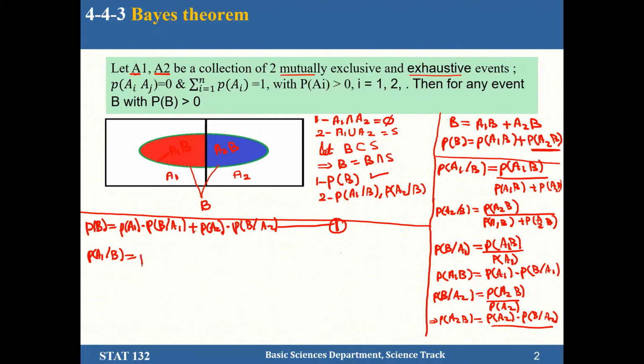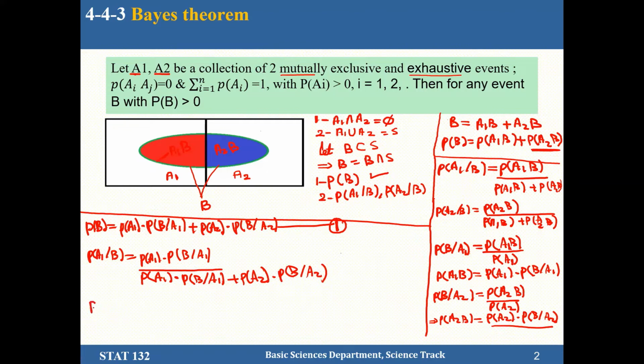So this equals P of A1 multiplied by P of B given A1, over P of A1 multiplied by P of B given A1 plus P of A2 multiplied by P of B given A2.